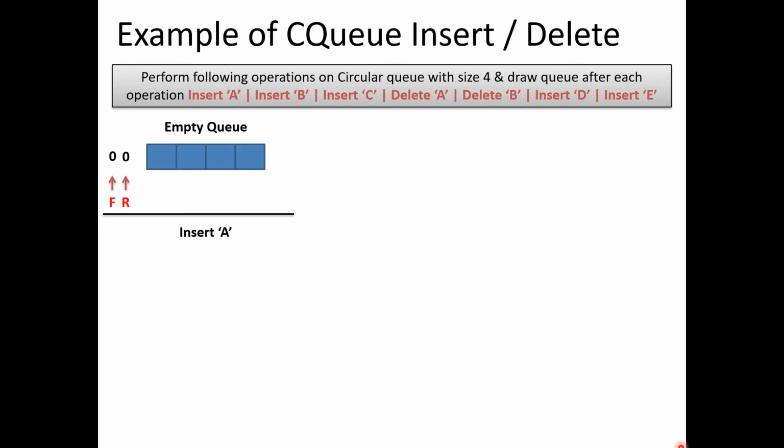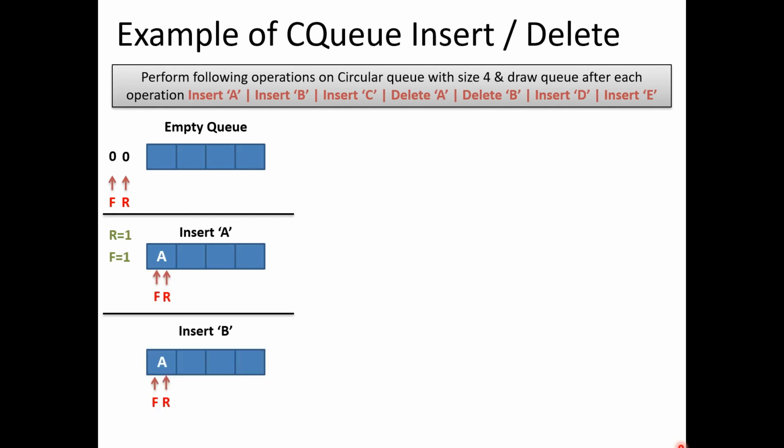Then insert A. So our front and rear both are set to 1 and element A is inserted into Q. Then insert B. So now our rear is incremented by 1 and it points at location 2, and at that location element B is inserted.